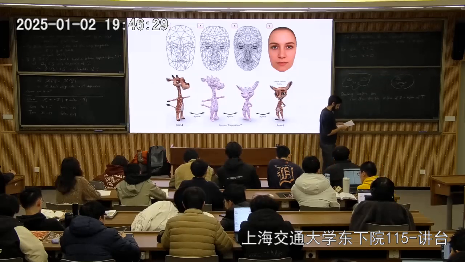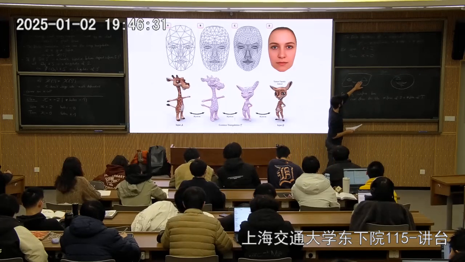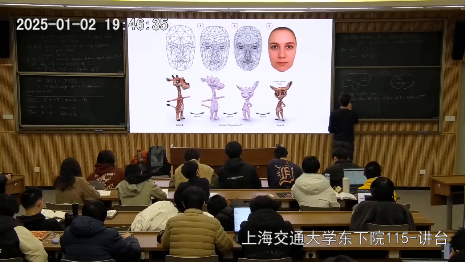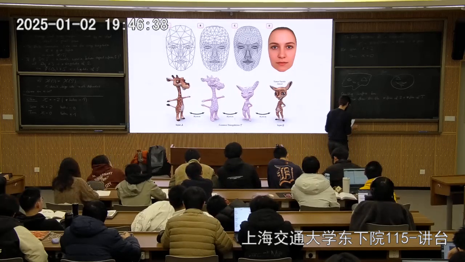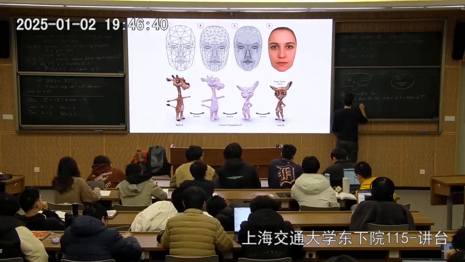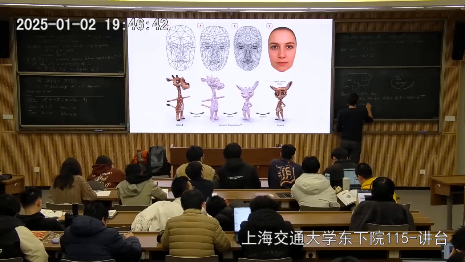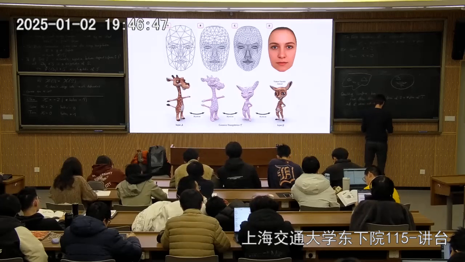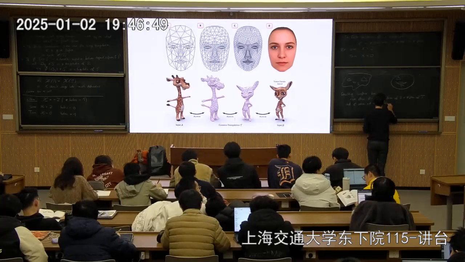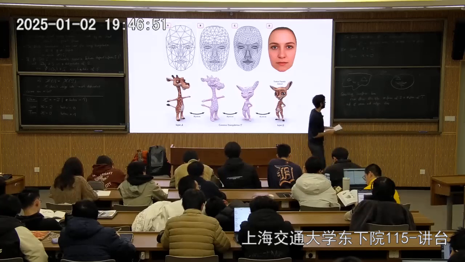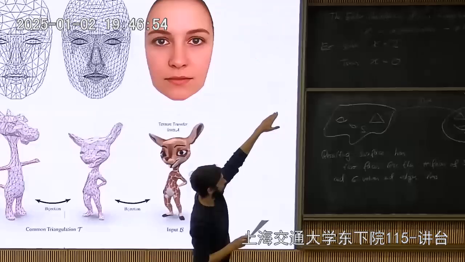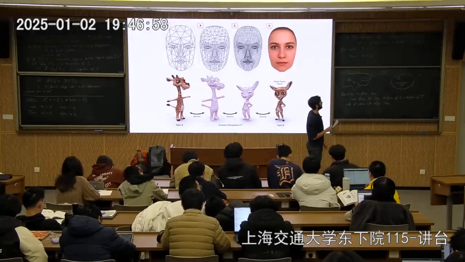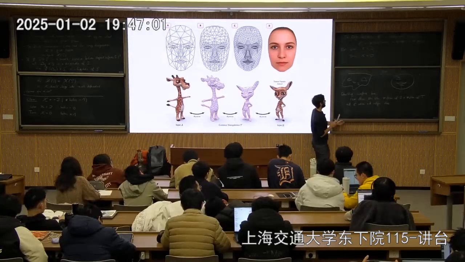And also the edges and the vertices are eaten up, but that doesn't matter too much, because in the Euler characteristic, the number of vertices and the number of edges cancel each other.